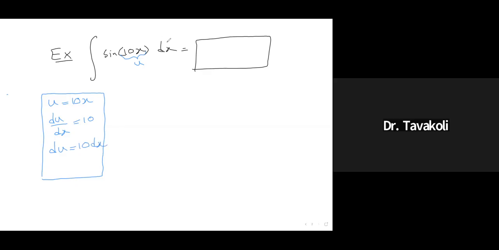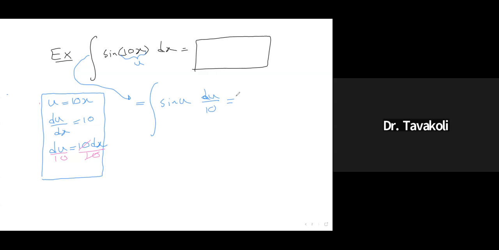Here I only have dx, not 10 dx. So if in this equation I divide both sides by 10, I'm able to solve for dx and write dx in terms of du over 10. So here we have the integral of sine of u du over 10.